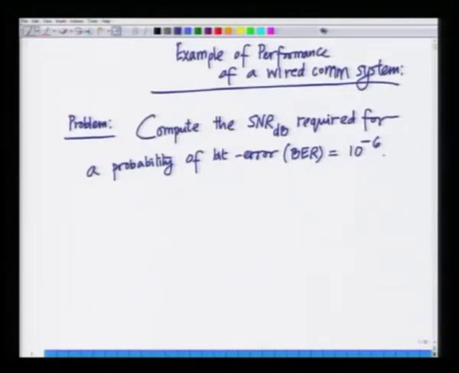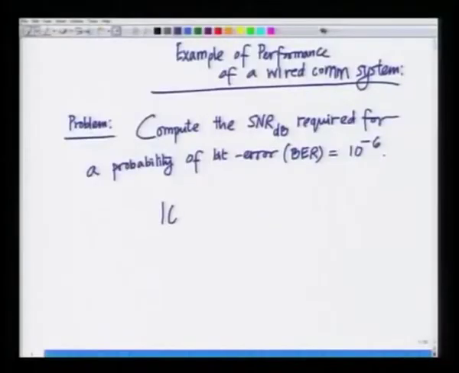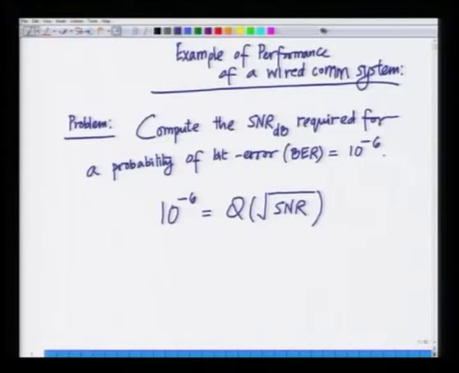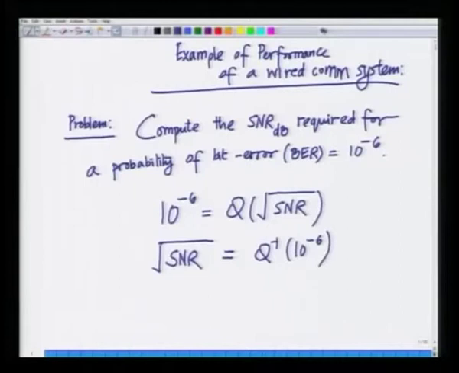We can solve this problem using the approach we followed previously. If the bit error rate is 10 power minus 6, the bit error rate is given as a function of SNR as Q of square root of SNR, which means the square root of SNR required equals Q inverse of 10 power minus 6.